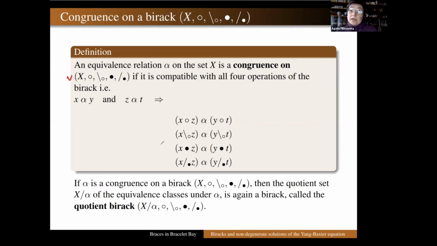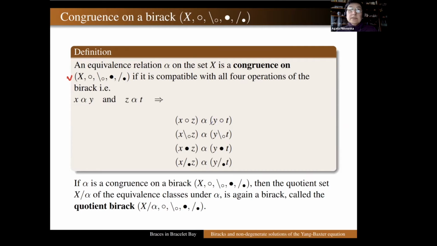This means that, for example, if x is in relation with y and z is in relation with t, then the result of left multiplication of x and z must be in relation with the result of this multiplication of y by t.